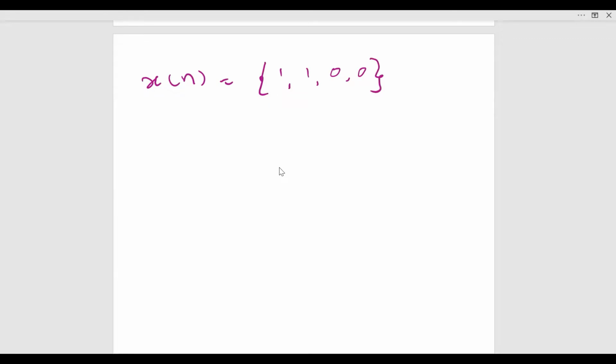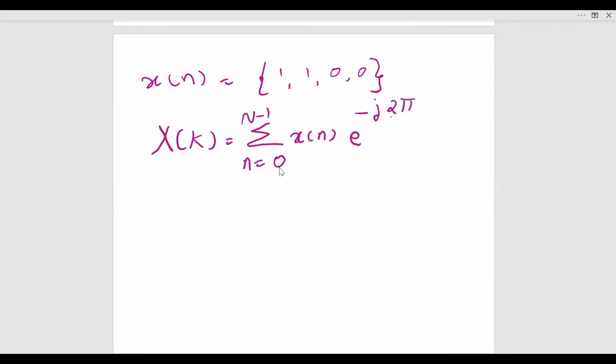The formula to find DFT is X of k is equal to sigma n is equal to 0 to N minus 1 x of n e power minus j 2 pi by N into nk.